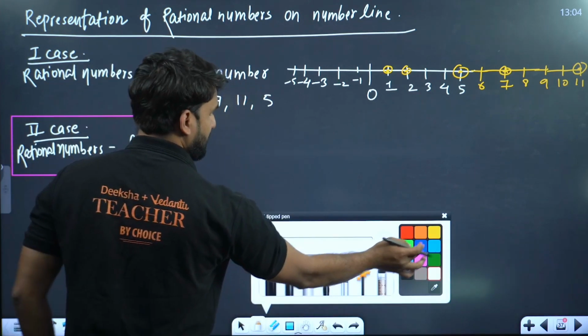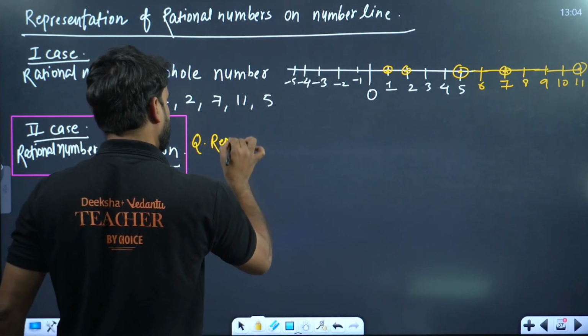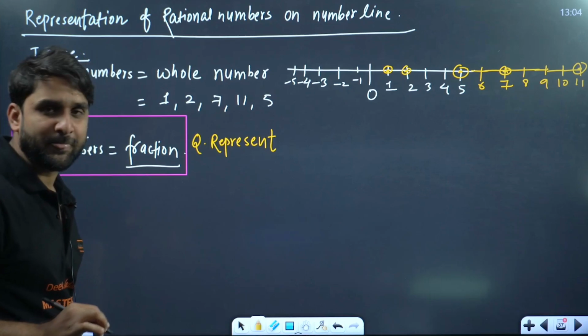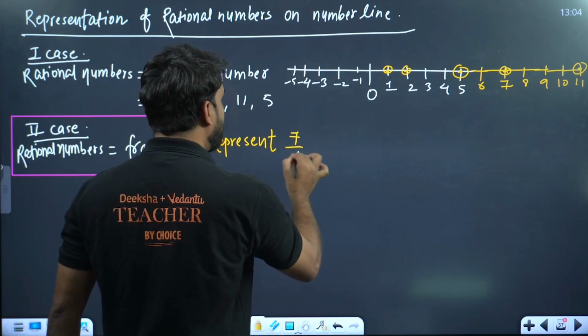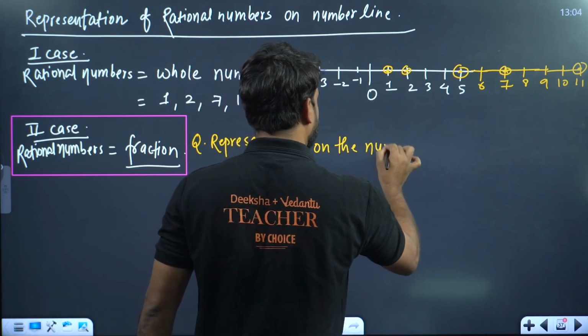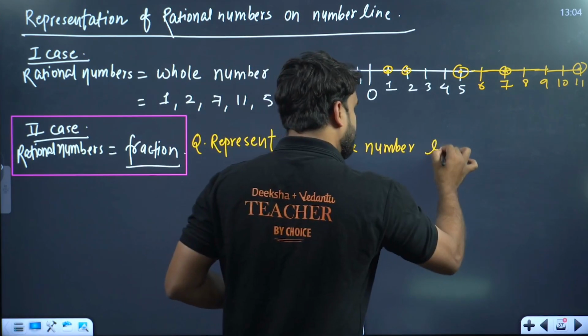Okay, let's do a question here. Represent 7 by 4 on the number line.